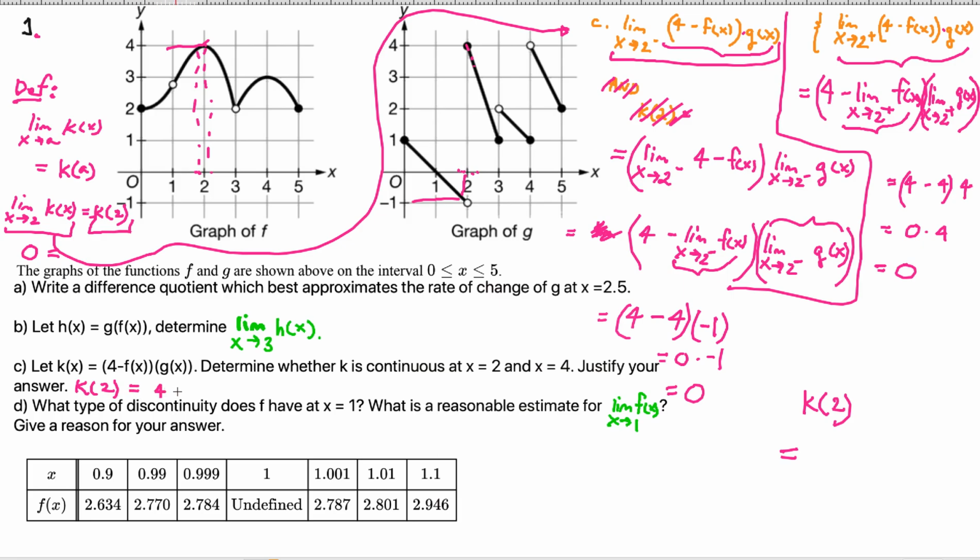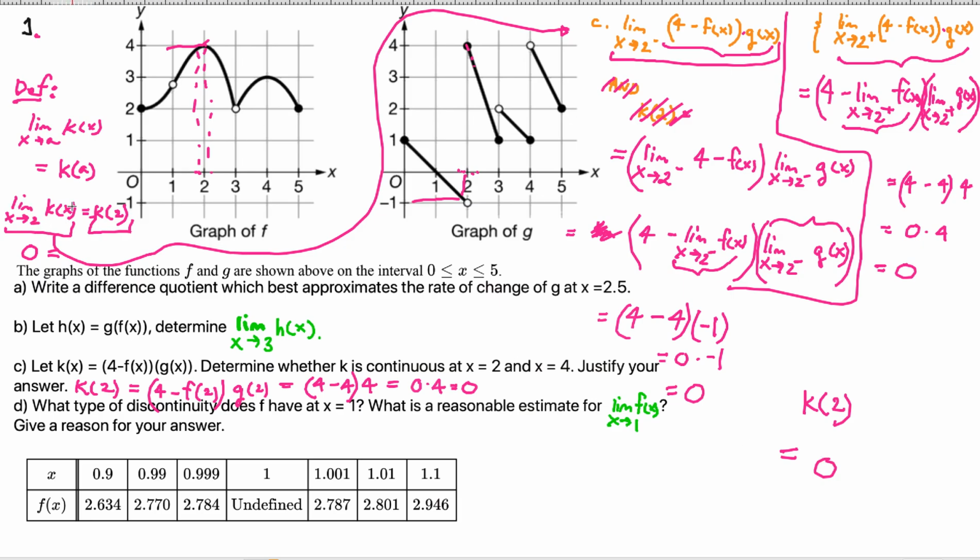So I get 4 minus f of 2, all of that, times g of 2. And let's see what we get when we do this. f of 2, if I go over here, is 4. So I get 4 minus 4 times g of 2, which is 4. And 4 minus 4 is 0, 0 times 4 is indeed 0, and I get k of 2 is 0.